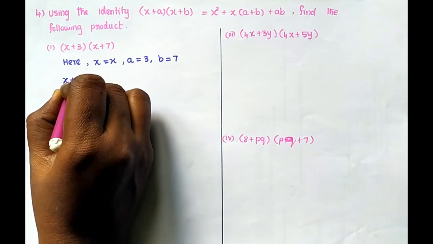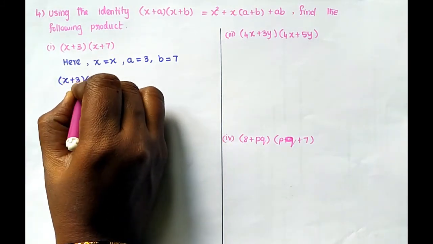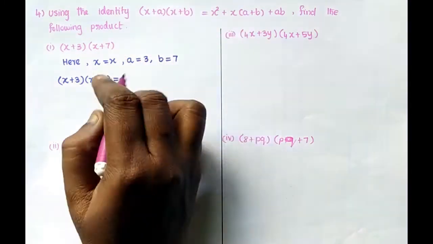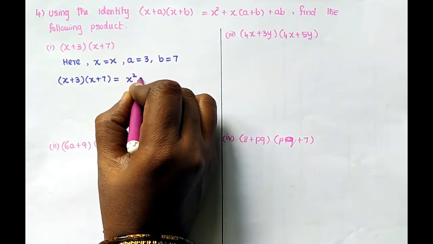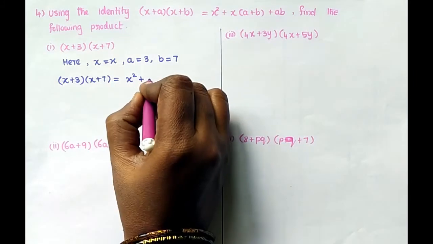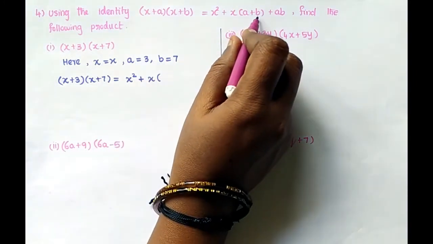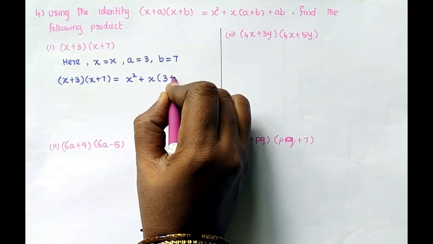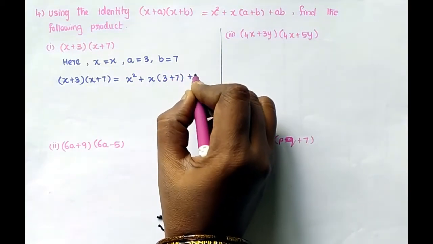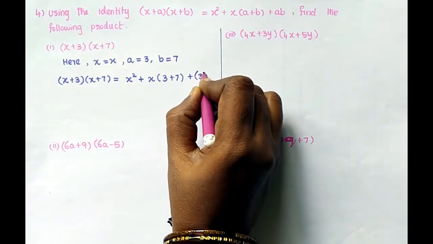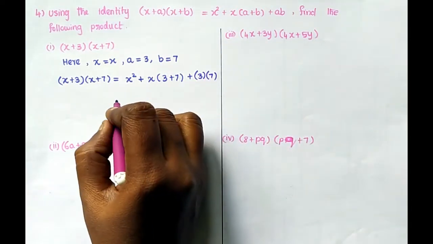Now apply in the formula, x plus 3 into x plus 7 is equal to, first x squared plus x into a plus b, a is 3 and b is 7. So 3 plus 7 plus ab, that is a into b, 3 into 7 here.